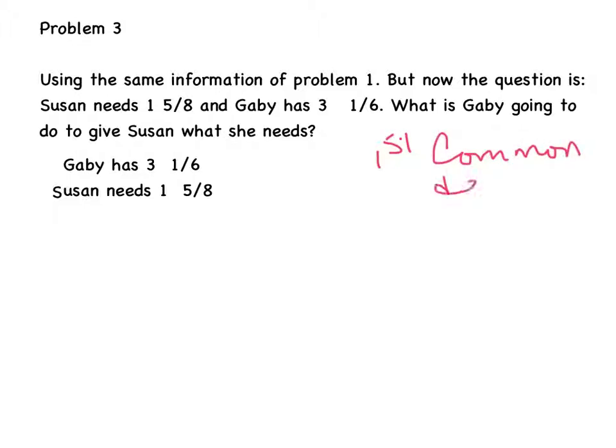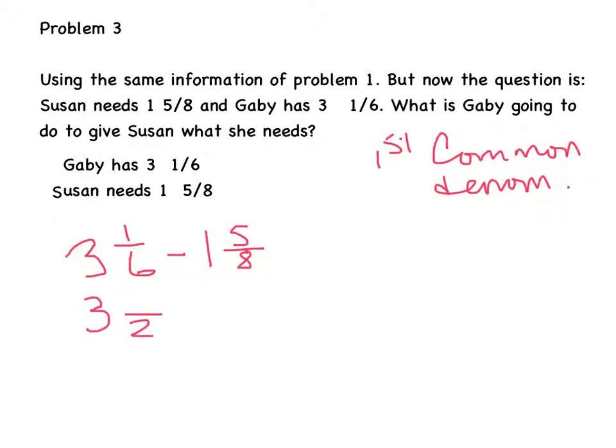So let's do it. We say we have 3 1/6 and we need to give 1 5/8. We already know that the common denominator is 24.